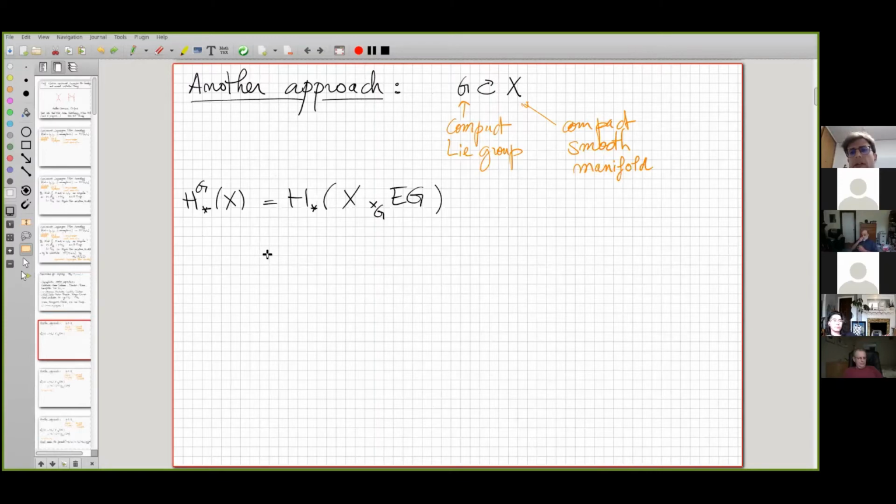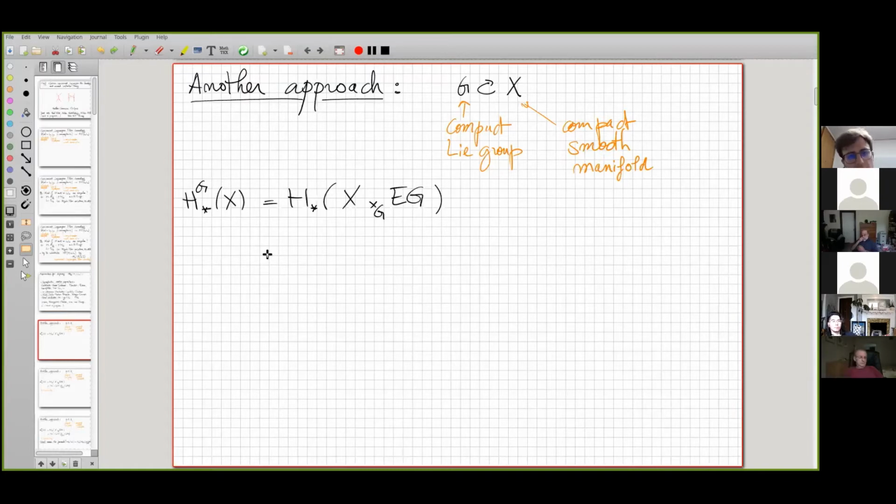Now this approach is inspired by a Morse theoretic construction, and the starting point of our construction is the following observation. So let's consider a compact Lie group G that acts on a smooth compact manifold X. In this setting, the equivariant homology of X is defined as the homology of the homotopy quotient.